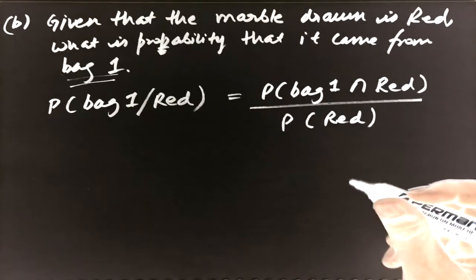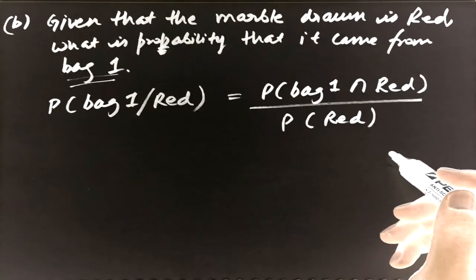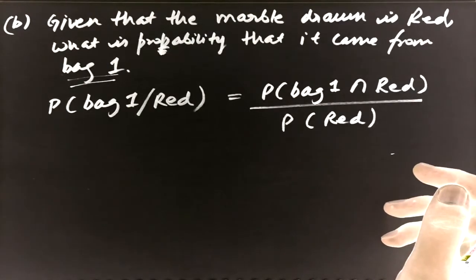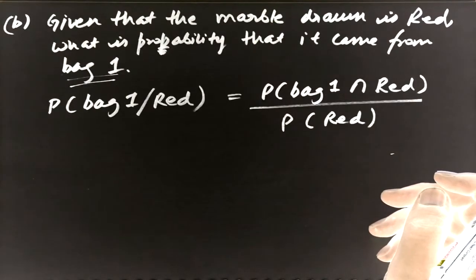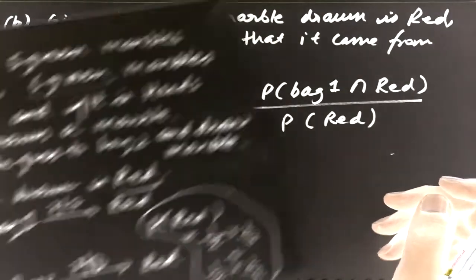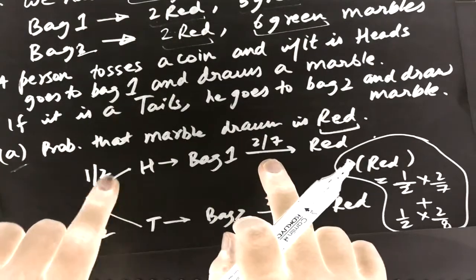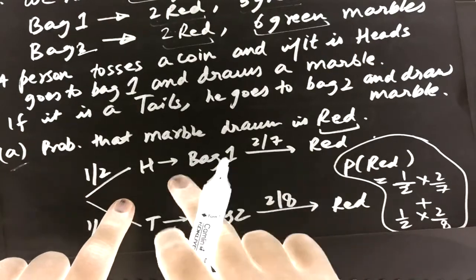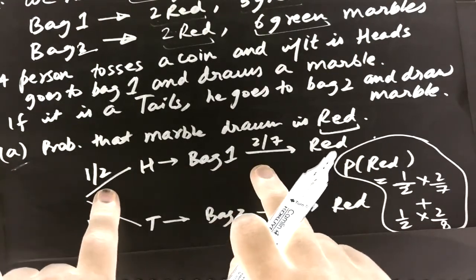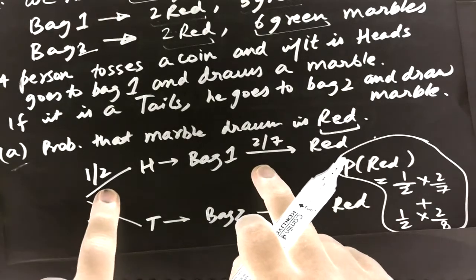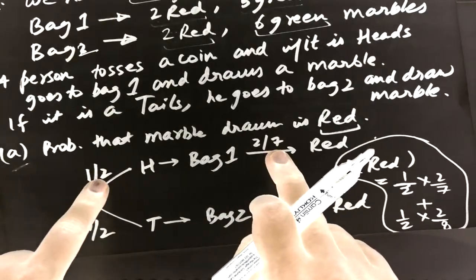The probability of bag one intersection red is coming out to be 2 upon 7 into 1 upon 2.